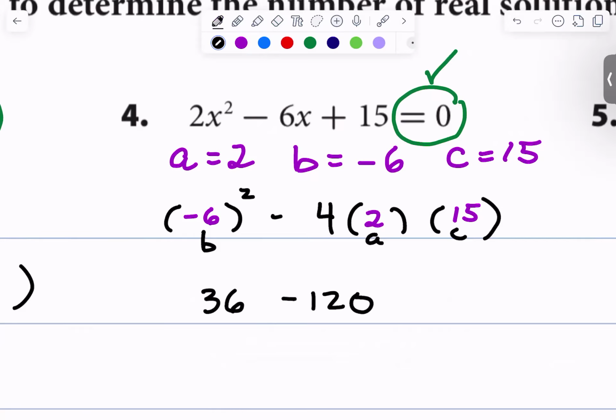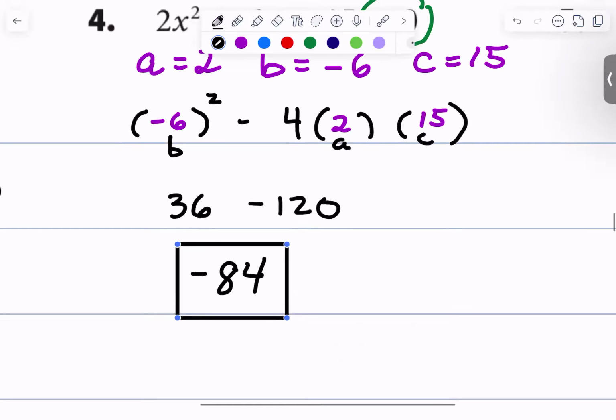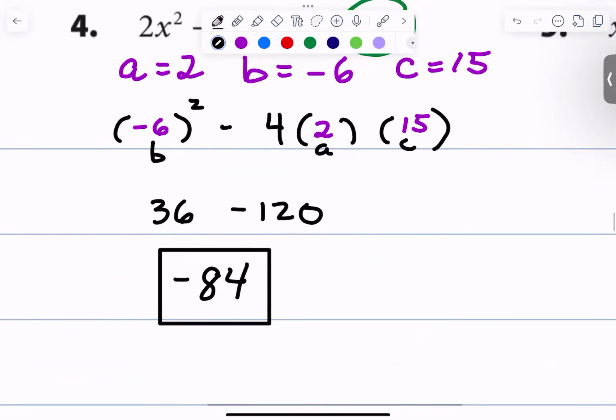All we're doing is just simplifying, yeah? 36 minus 120 is negative 84. So since negative 84 is a negative number, we're going to have 0 real solutions.